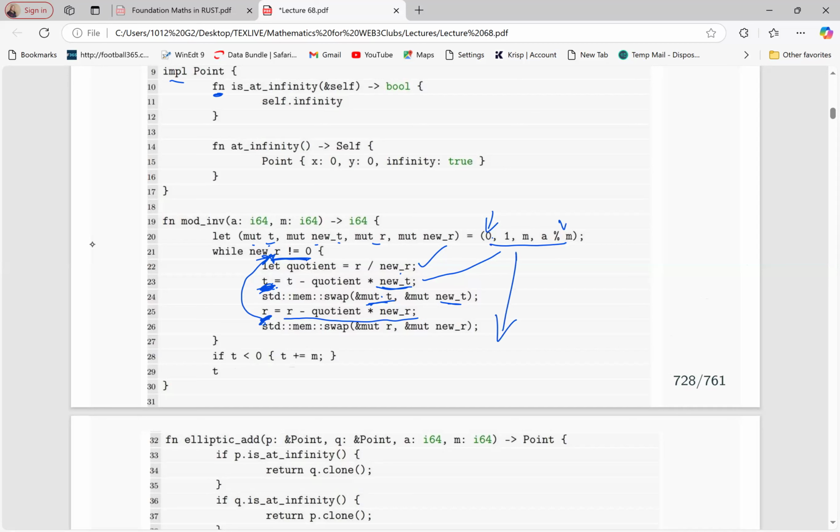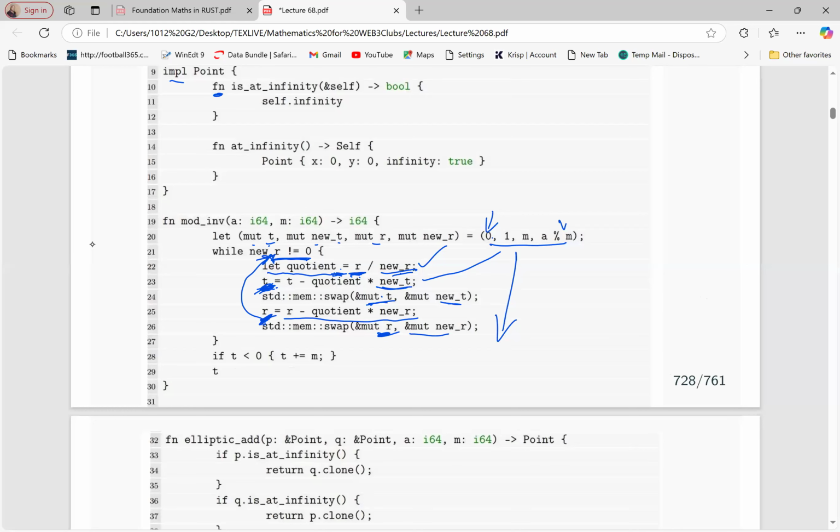The process again begins. You again come here and find the quotient. There was some swap where you got R, this swap here, and the new R now becomes this. So it's R over the new R again to give you the quotient. Then again, find the new T, find the new R, do some swap.